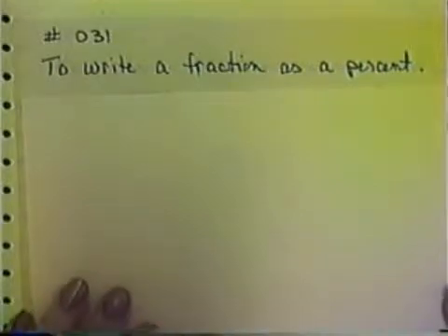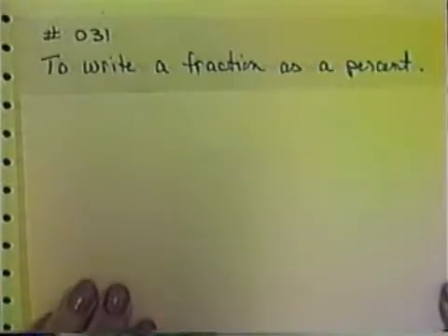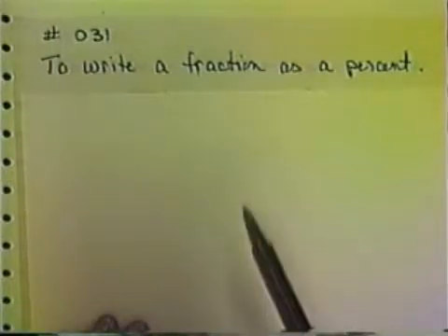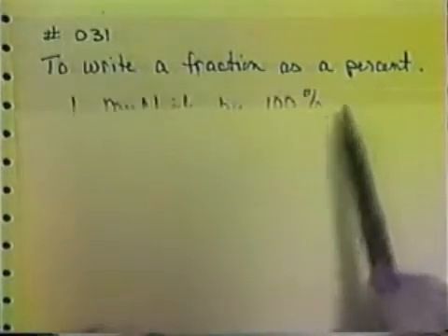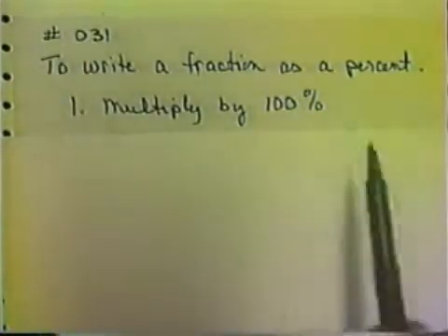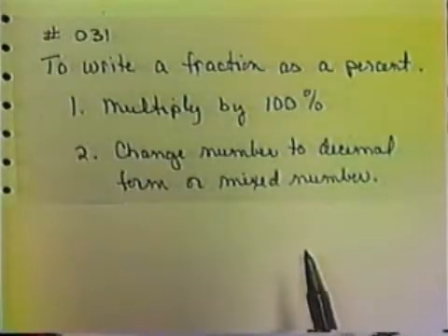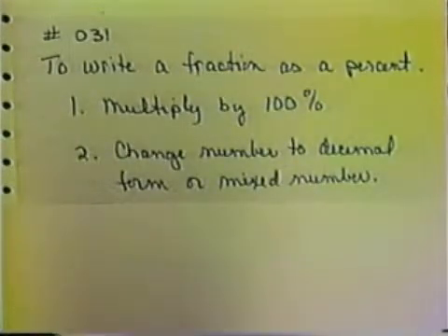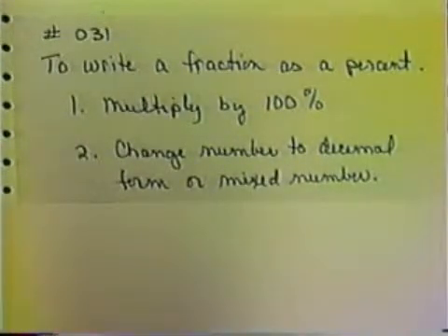Okay, now we want to go back the other way. We want to write the fraction as a percent. Now remember, to make the decimal a percent, we multiplied by 100%. So we're going to do the same thing here. To make a fraction a percent, we're going to multiply by 100%. Then we want to change the number to decimal form or a mixed number.